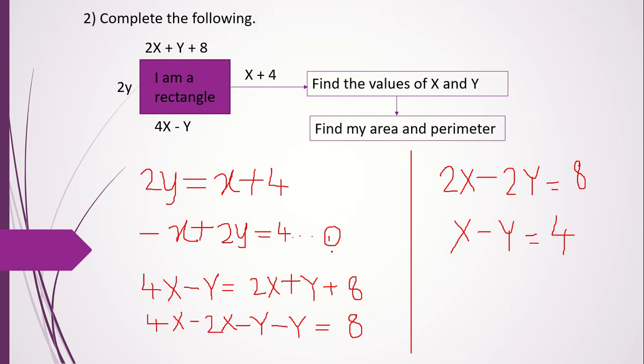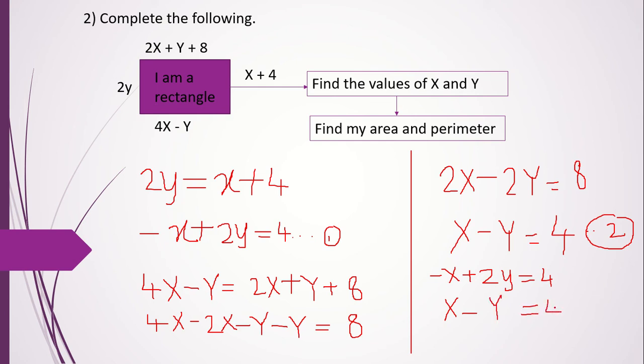Okay, now it's easy. Equation number 1 and equation number 2, plus x minus x will easily get cancelled, right? So adding equation number 1 and 2: minus x plus 2y is equal to 4 and x minus y is equal to 4.